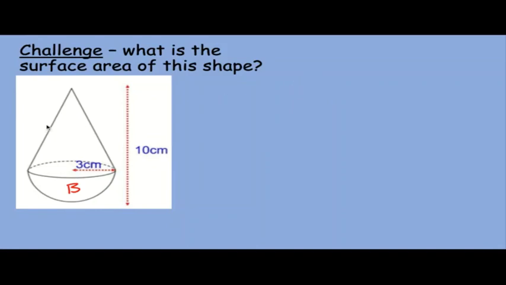But firstly, we know that we need to find that length there, our slant height or slant length. And we would do that by recognizing that our height, our radius and our slant length make up a right angle triangle. So I need to find out what this is first. Let's have a look at the hemisphere part. The radius of 3 is also the distance from here to here.